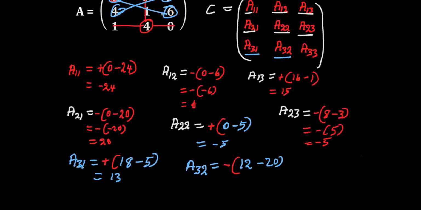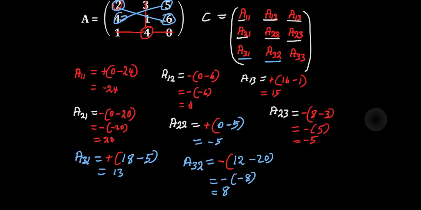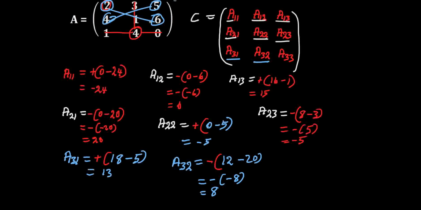So this will be equals to negative 12 minus 20 is negative 8. Negative times negative 8 will give us positive 8. So that is the cofactor of the element 4. All right.